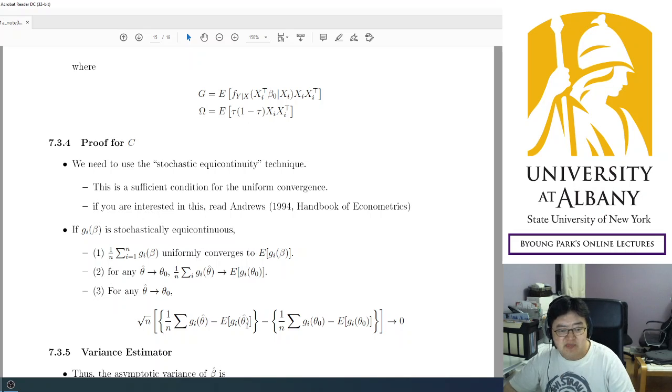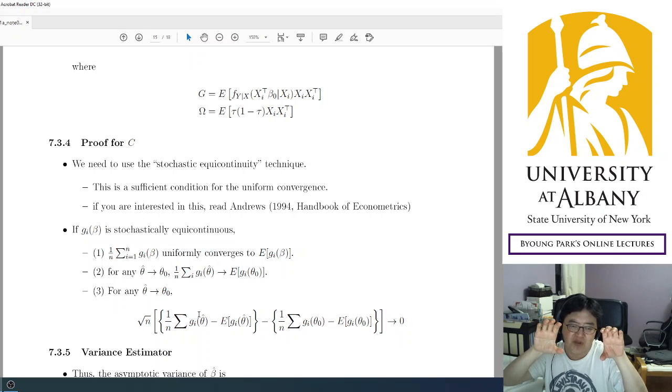So in the end, it is not only about the convergence, but it means that the convergence rate must be similar at two different points that are close to each other. There are two points, theta hat and theta 0. They are close to each other, and what we need here is that the convergence error at one point and the convergence error at the other point must be similar.